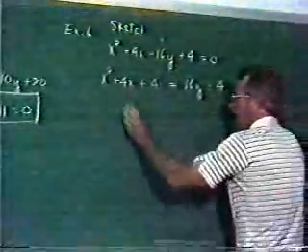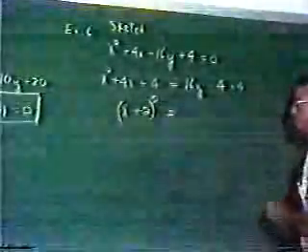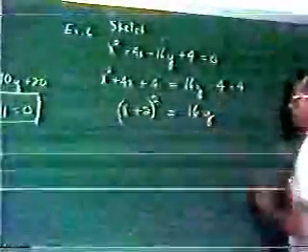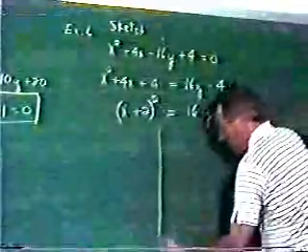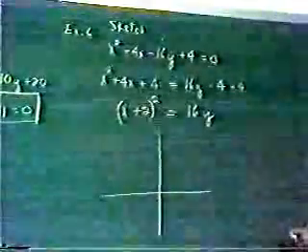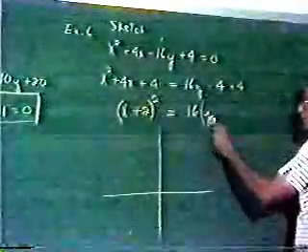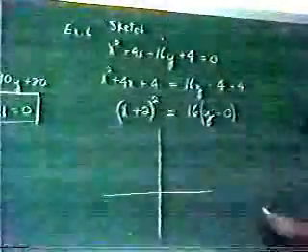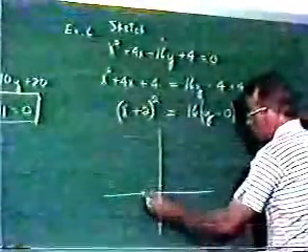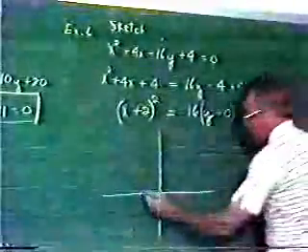And so we have x plus 2, parenthesis squared, equals 16y. Now graph that. Well, the graph of that is very simple. The vertex is where? Now, 16y is the same thing as 16 times y minus 0, isn't it? So the vertex is at x equals minus 2, 0. Minus 2, 0. So here's the vertex.